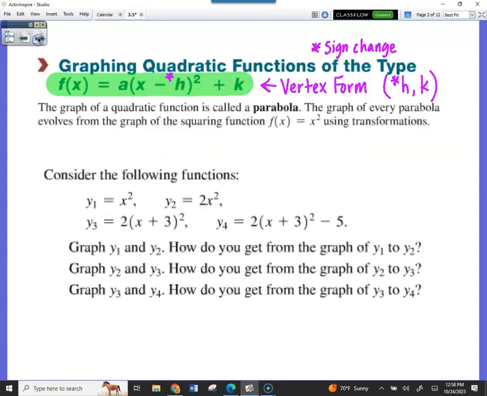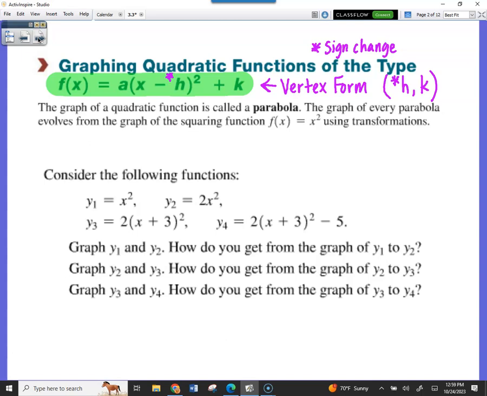We are talking about just quadratics in this section, so that is a nice little break from the higher degree polynomials. This slide right here is reminding you of what's called vertex form for quadratics. That would be f of x equals a parentheses x minus h close parentheses squared plus k.